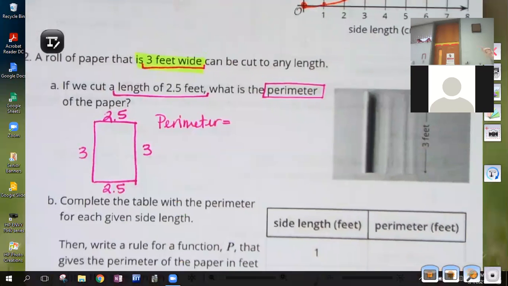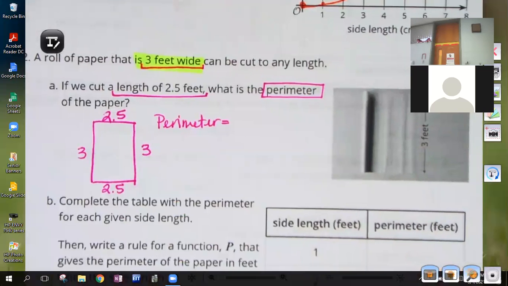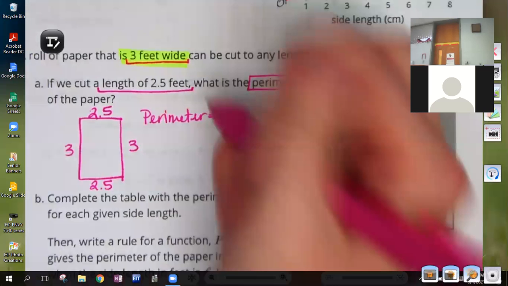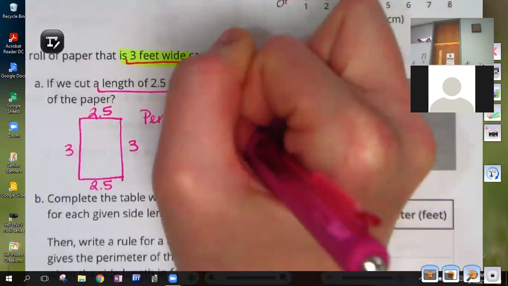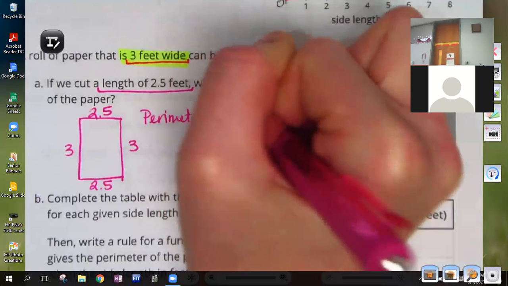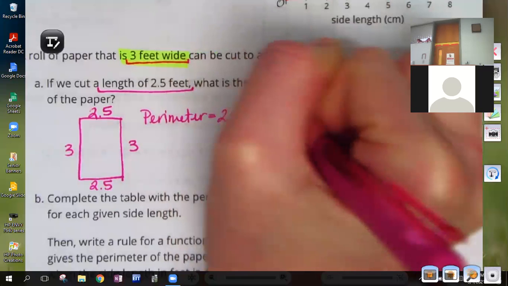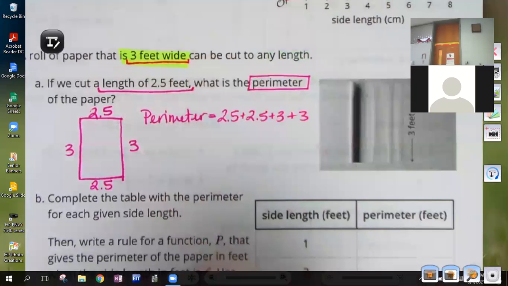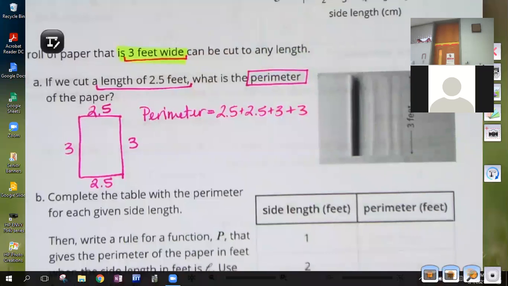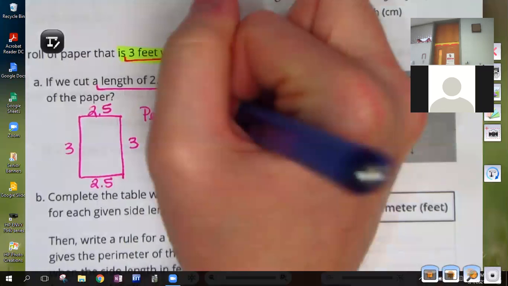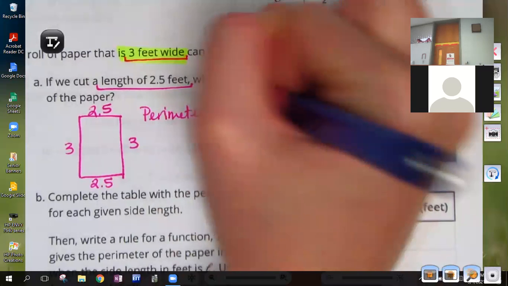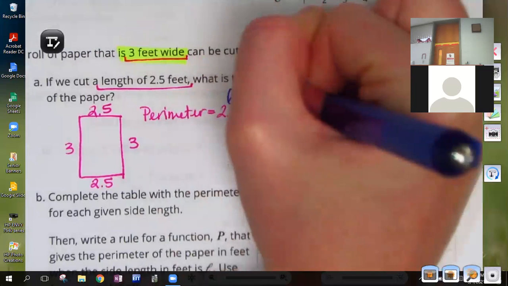Length times width is area. All the sides added together. All the sides added up. So that's going to be 2.5 plus 2.5 plus 3 plus 3. That's a lot. Basically you're doing the length plus the length plus the width plus the width.